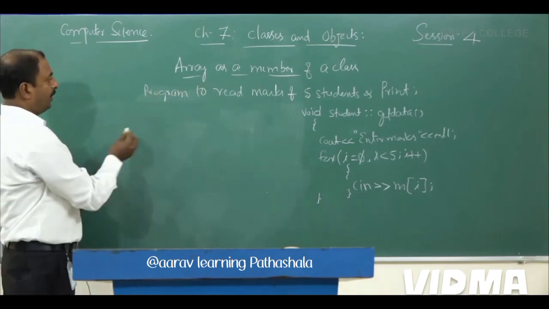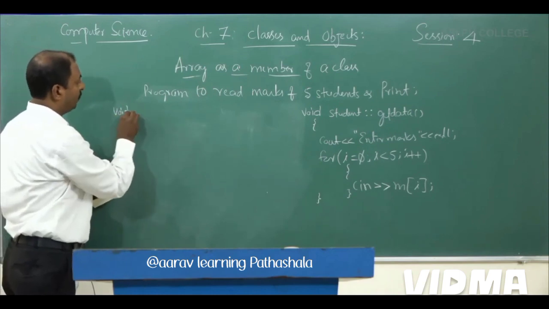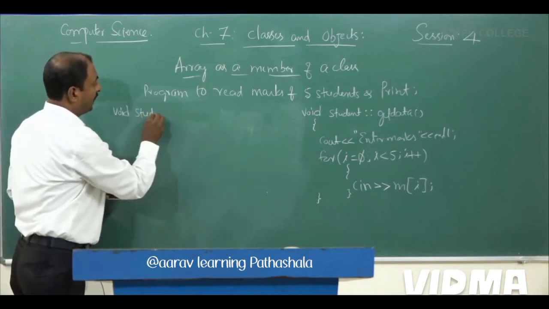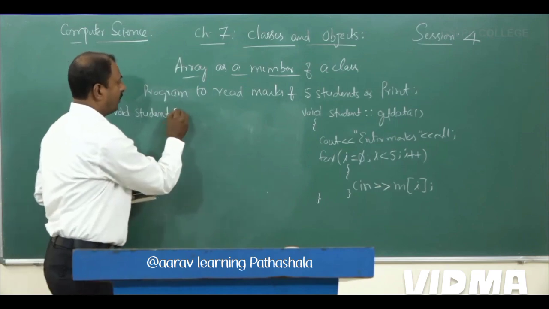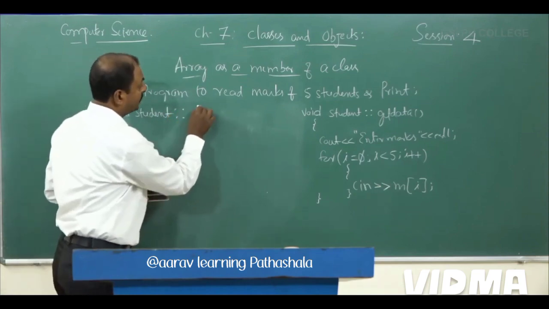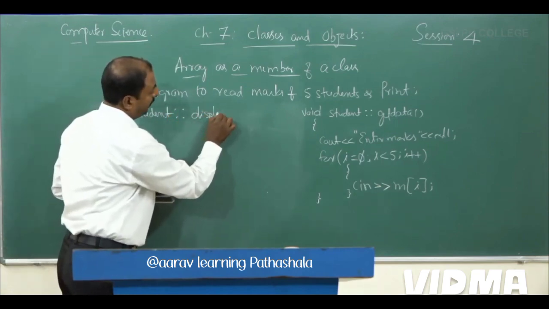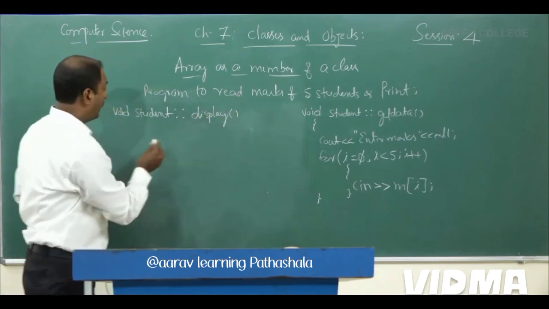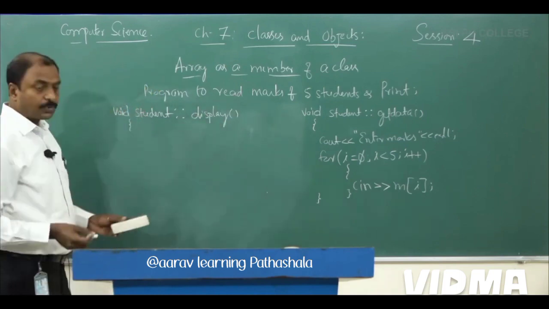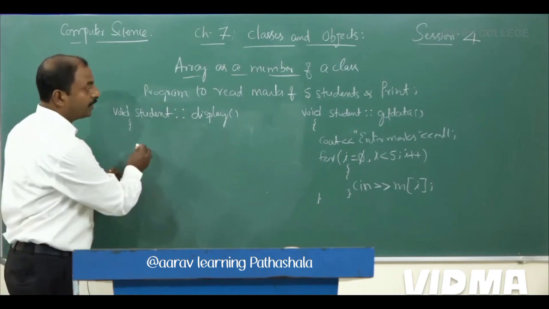So here the next function we start with void, student is the name of the class, with the scope resolution operator, and function name is display, and no semicolon, and here we are supposed to write the statements.